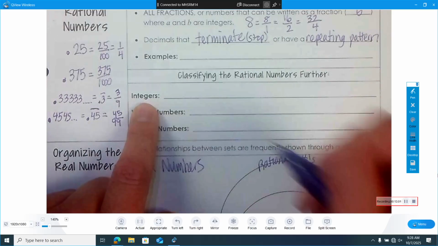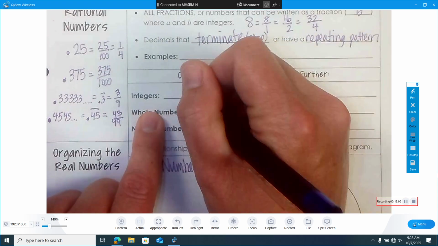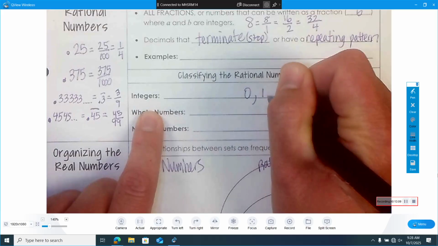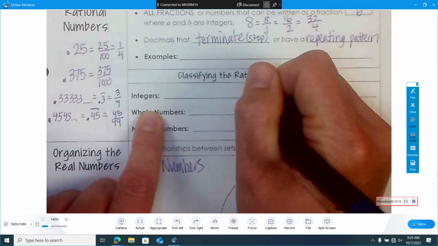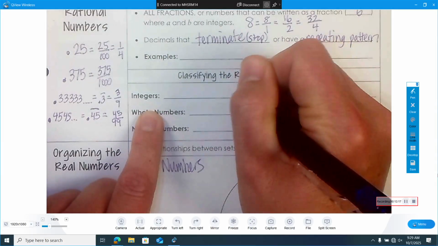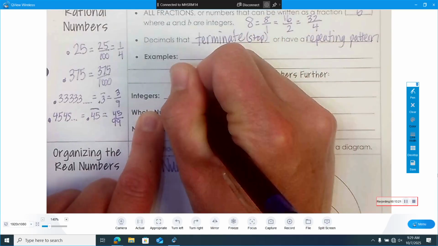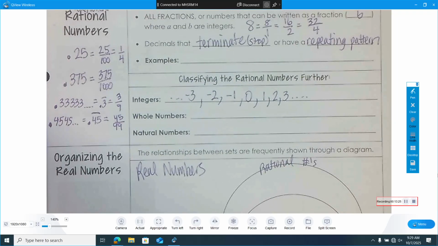Negative number, yeah. So these are the positive and negative whole numbers. So for instance, we started at 0, and if we move to the right, we have 1, 2, and 3, and so on and so forth. And if we move to the left, what else do we have? We have -1, -2, and -3, and so on and so forth.